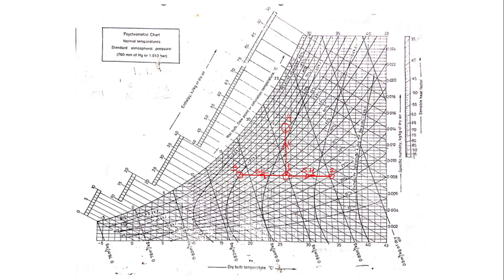This is what the humidification is. Initially at point 1, the specific humidity was 0.008, whereas at the final state the specific humidity was 0.014. However, during this entire process 1 to 4, the dry bulb temperature was constant at 26 degrees Celsius. Okay, so this process is nothing but the humidification.